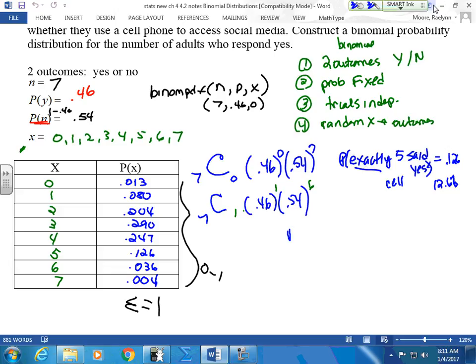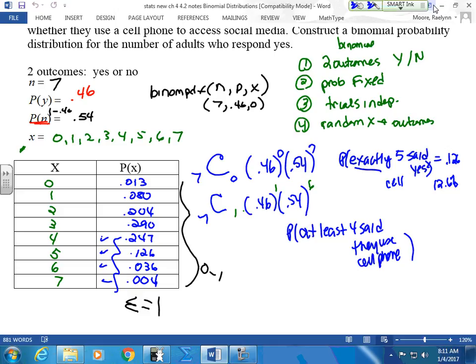If I say, what is the probability that at least 4 said yes, 4 said they used their cell phone? At least means that or greater than. So I come to my 4, my 5, my 6, my 7, and I add those up.